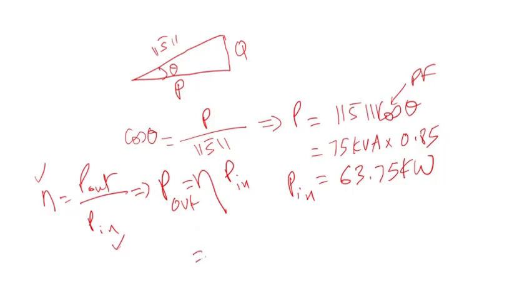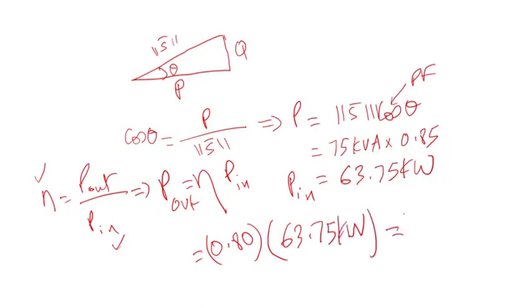So P out is equal to 0.80 times 63.75 kilowatt. So P out is 51 kilowatt.